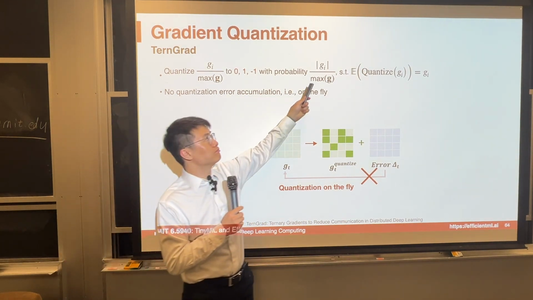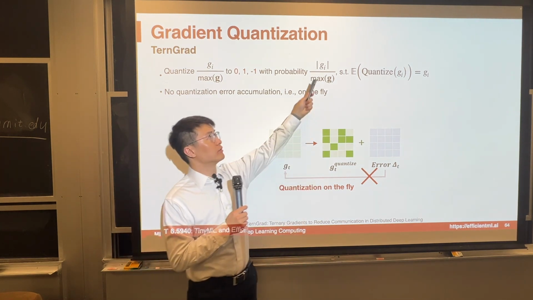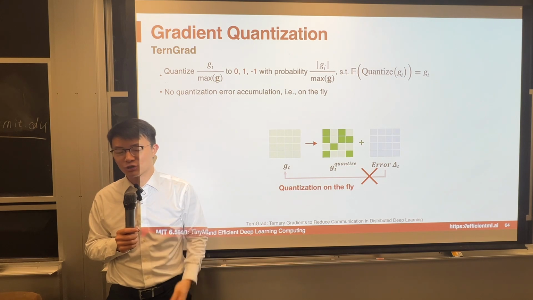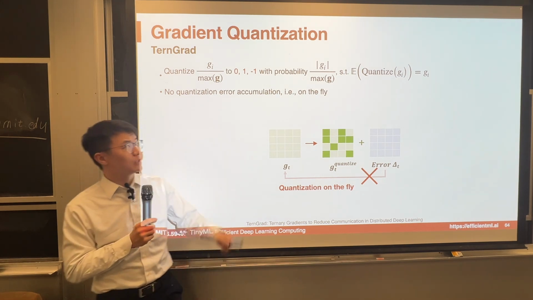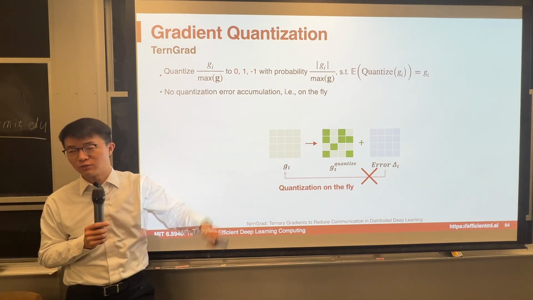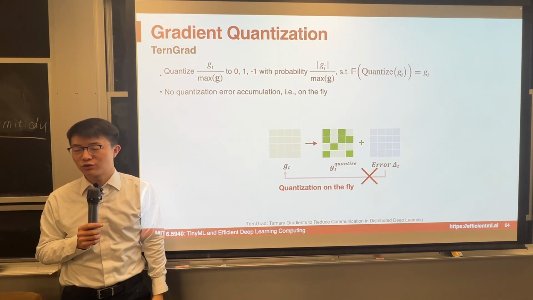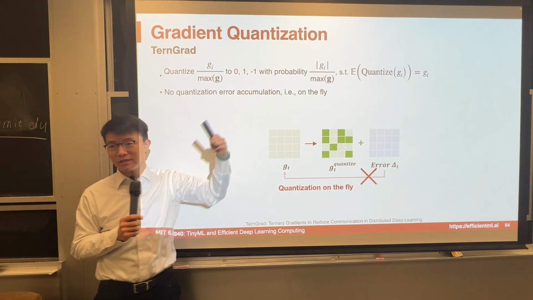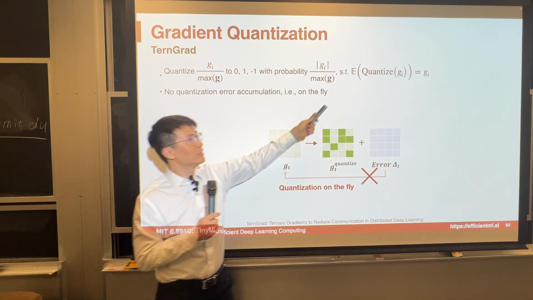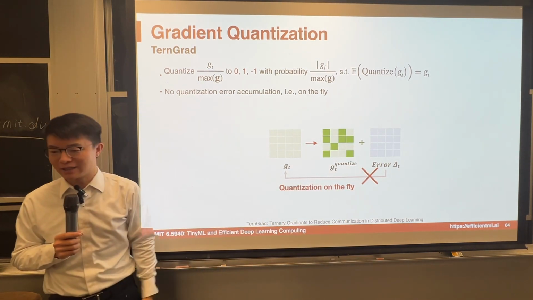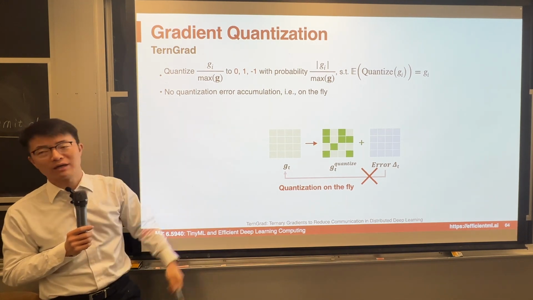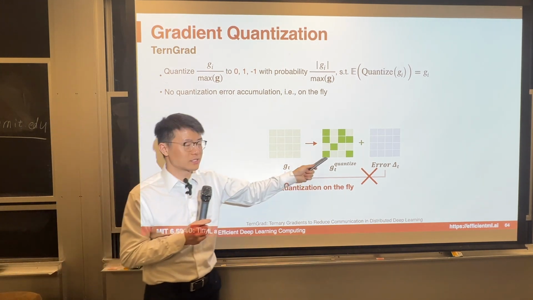For example, if the max is 1.0 and the gradient is 0.9, we have a 90% probability of being quantized to 1. And if the max value is 1, but the value is minus 0.8, you have an 80% probability of being quantized to minus 1. So you want to keep the expectation the same. That's the key idea in this approach. And there's no quantization error accumulation, and it's quantized on the fly.